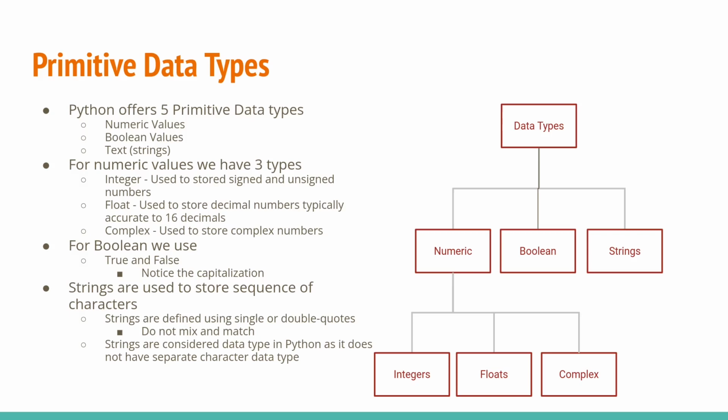Boolean holds a true or false value. We write true or false to denote that the variable is Boolean. We use Boolean for making conditions: if the value is less than that threshold, if that statement is true, then we do a set of calculations. Otherwise, we do another set of calculations. Strings are used to store a sequence of characters.